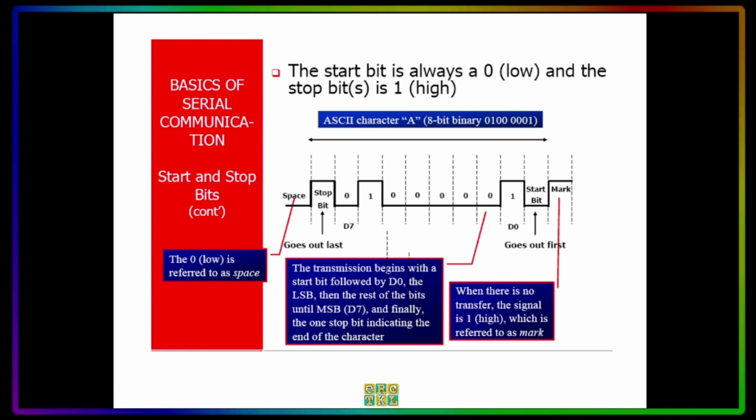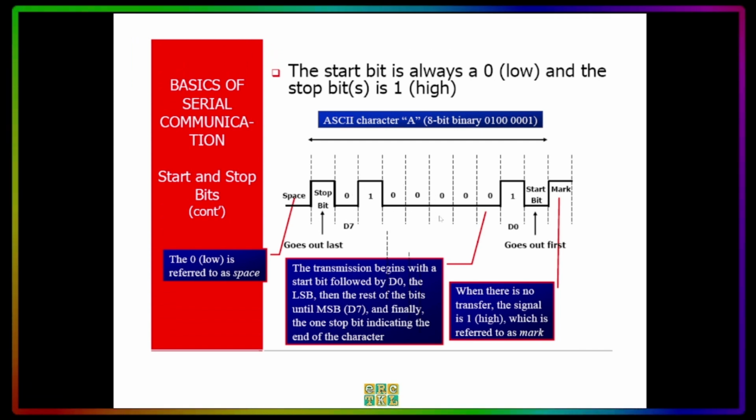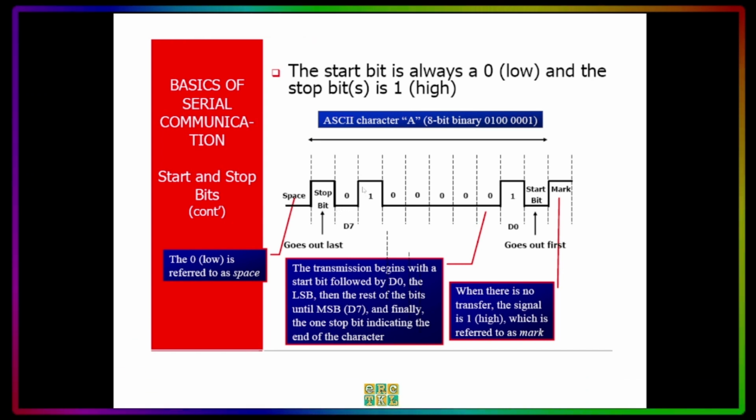The original character that we want to transfer is letter A, 01000001. When it is a 0, you put the signal down, and when it is a 1, make the signal up. And this represents our character A.